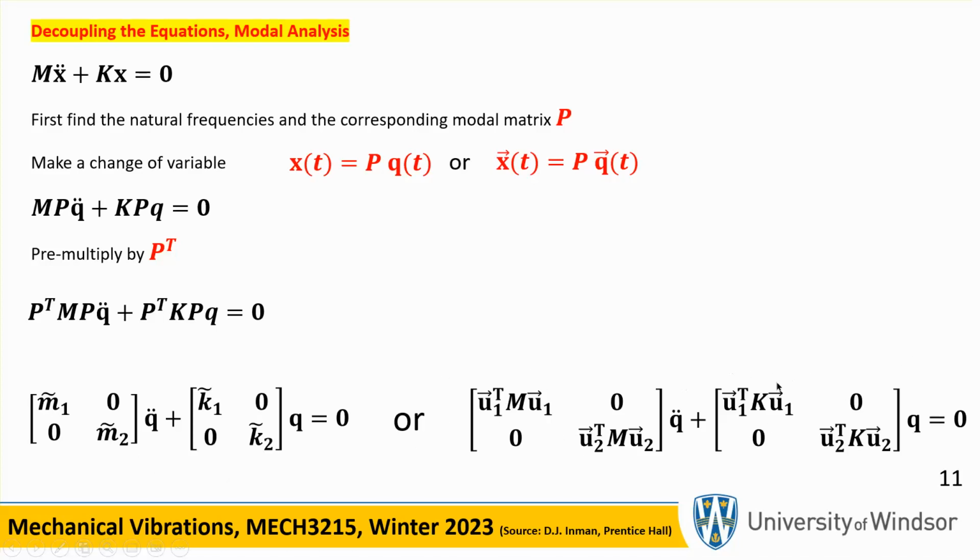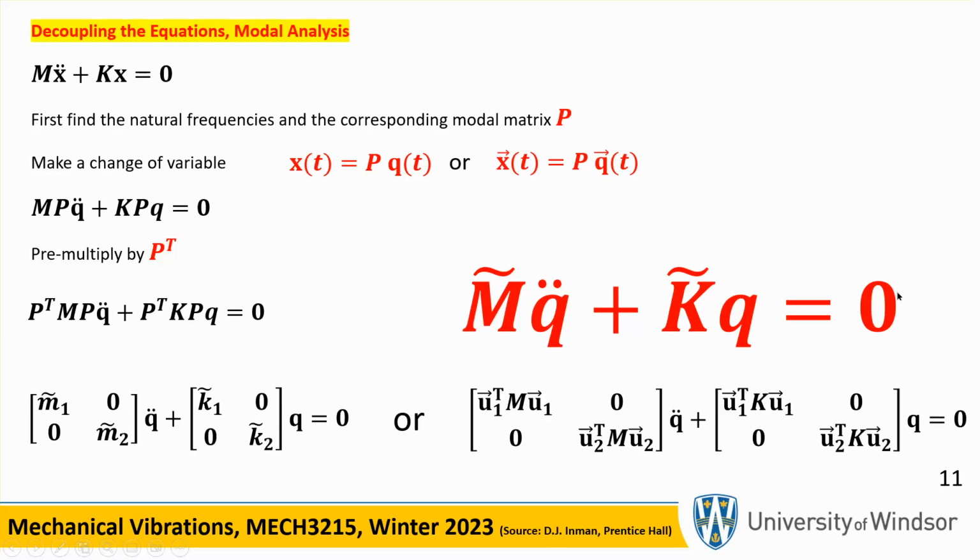This is the first modal stiffness and second modal stiffness. The moral of the story is that the top equation, first row, has nothing to do with the second row. Modal mass matrix M tilde q double dot, plus modal stiffness matrix K tilde q equal to 0.